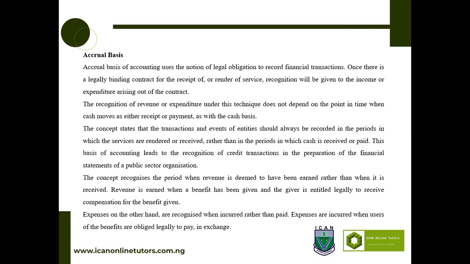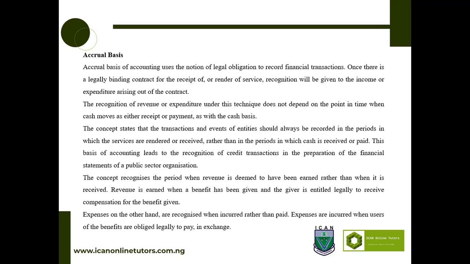Secondly, we have the accrual basis. Accrual basis of accounting uses the notion of legal obligations to record financial transactions. Once there is a legally binding contract for the receipt or rendering of services, recognition will be given to the income or expenditure arising out of the contract.